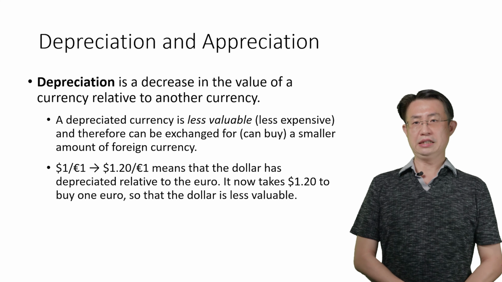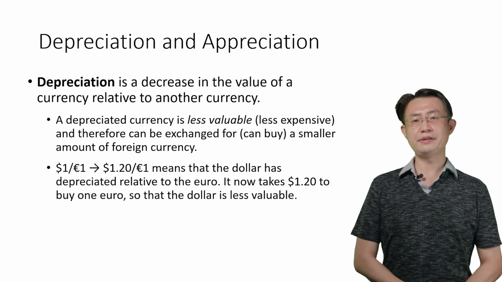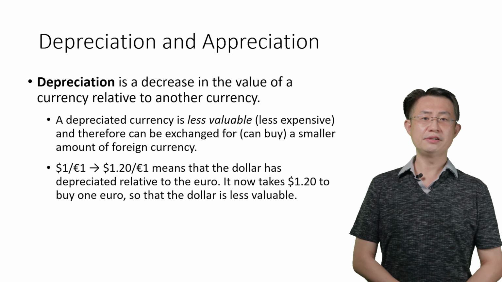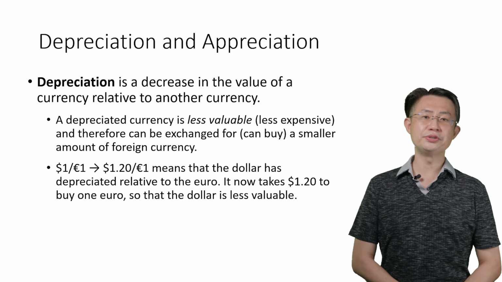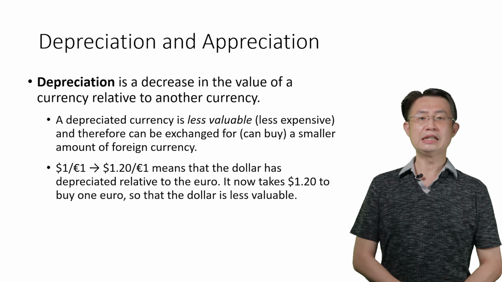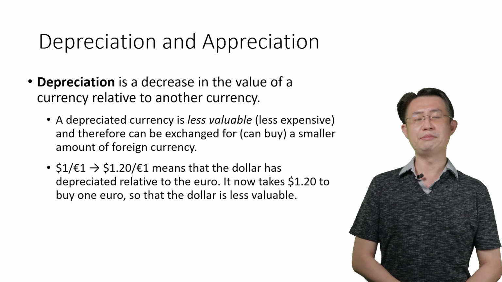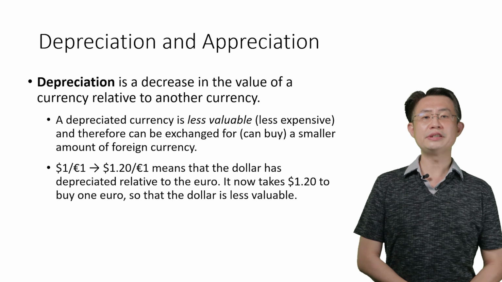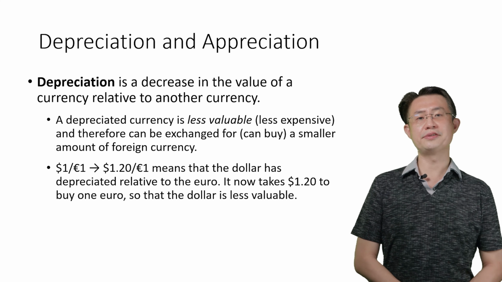Initially the exchange rate equals 1 euro for 1 dollar, and after that the exchange rate goes up from 1 to 1.2. What does that mean? Initially 1 euro for 1 dollar, but after the exchange rate goes up, 1 euro for 1.2 US dollars.